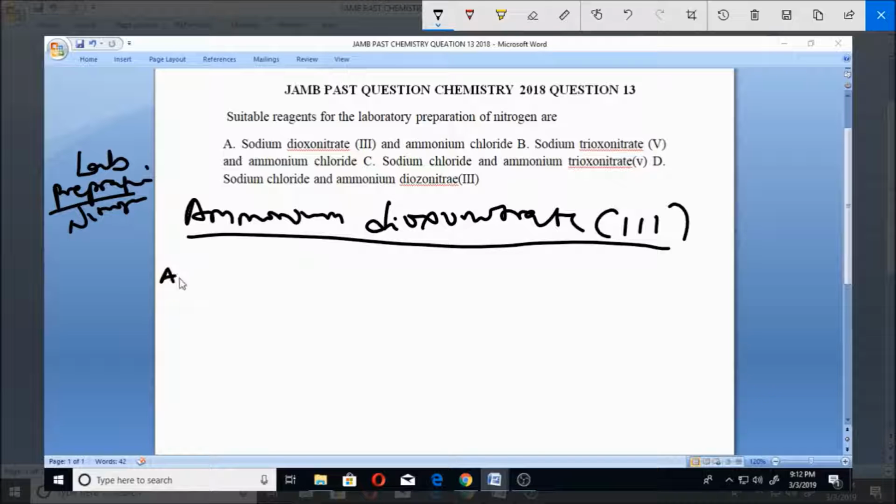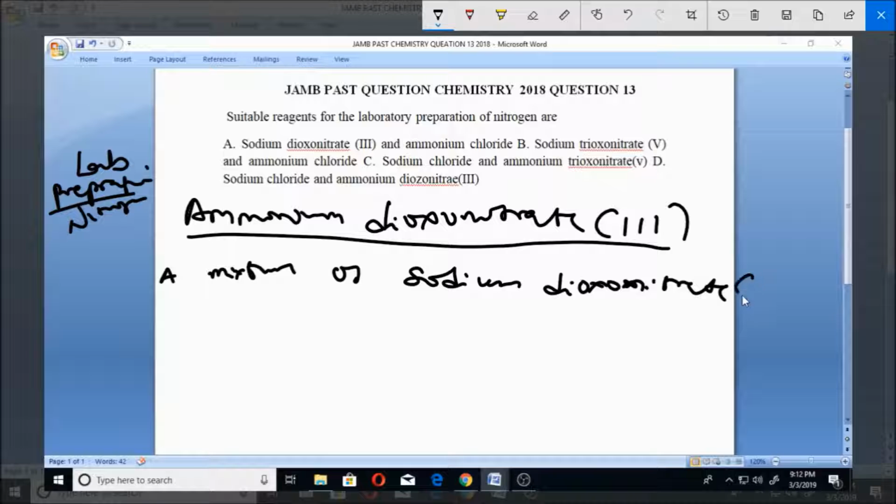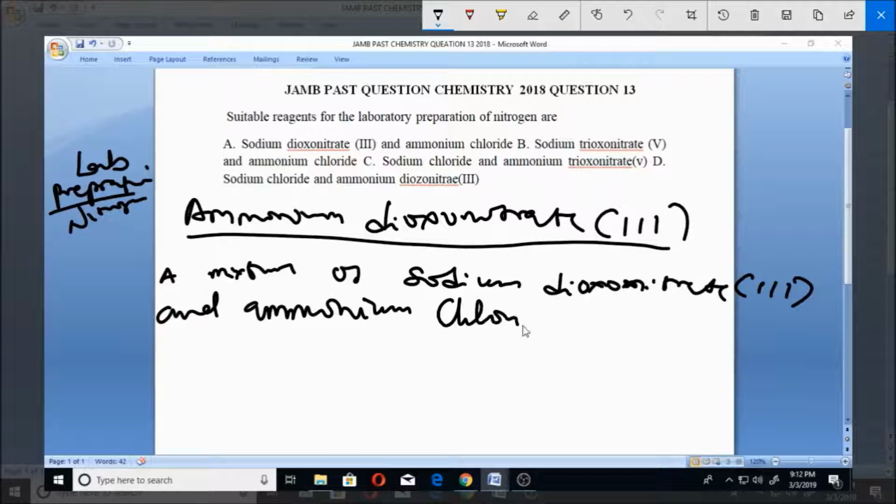This actually happens by using a mixture of sodium dioxynitrate 3 and ammonium chloride, and this mixture is done in the ratio of 7 is to 5.